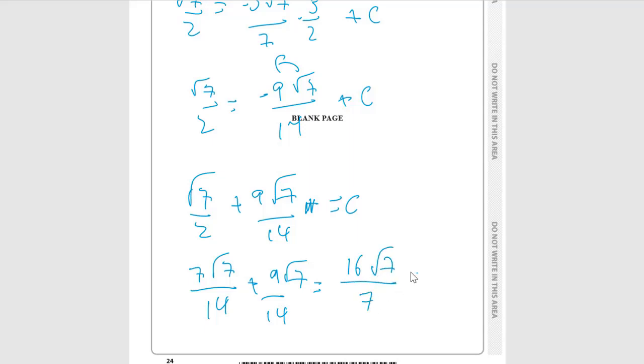And then we literally just change to have the same denominator, and so we'd have 7 square root of 7 over 14 plus 9 square root of 7 over 14, which gives us 16 square root of 7 over 14, and then if we divide by 2, we get 8 square root of 7 over 7 equals c.